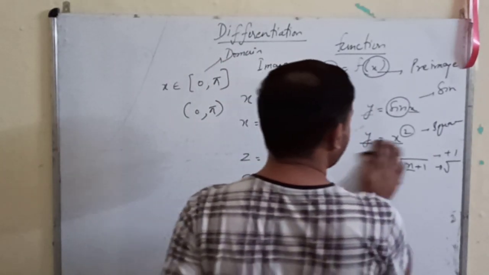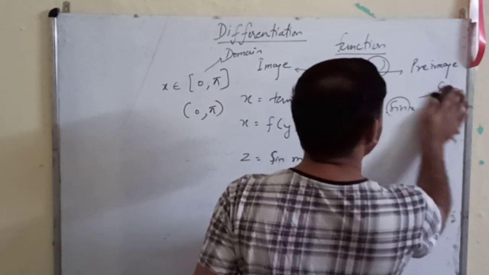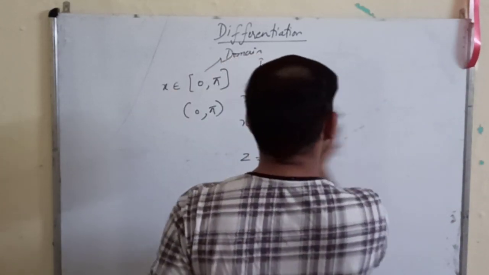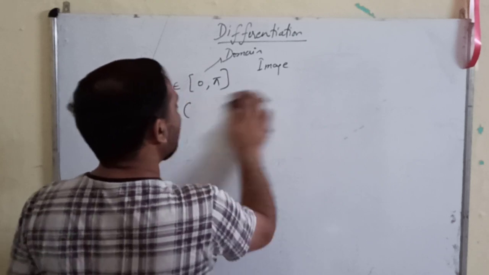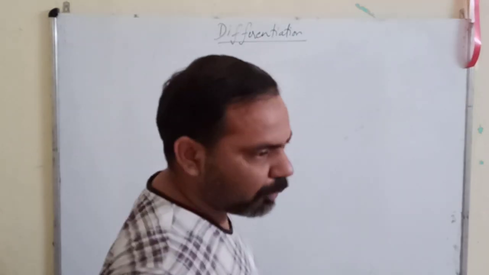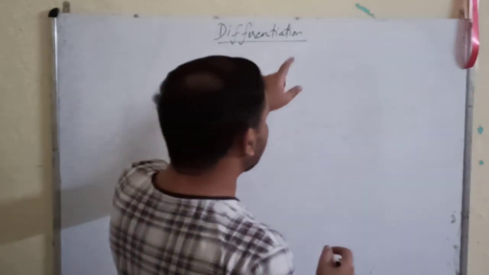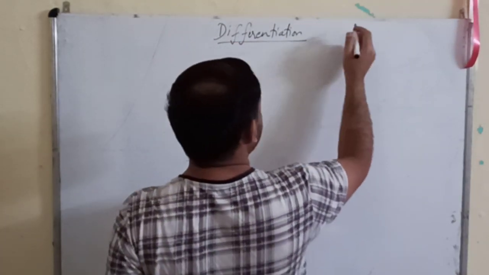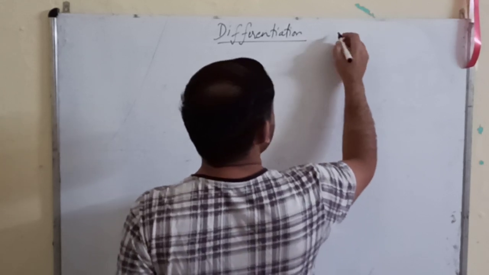So we can have different functions. The general notation for a function is y equals f(x). Now first of all, what is the notation for differentiation? How will you represent the differentiation of a function?